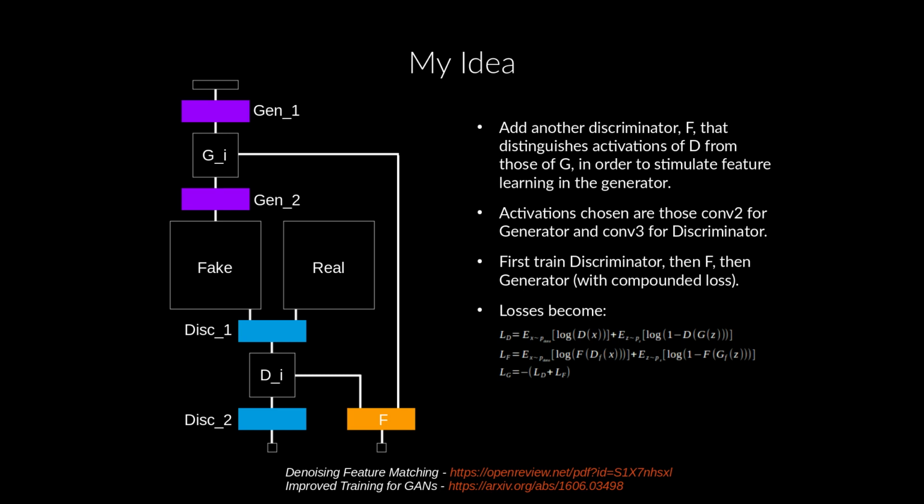Another idea, the one that I had, is to stimulate the generator to perform class differentiation early on in its layers by forcing the distribution of its activations in an early layer to resemble the distributions of the activations in the discriminator. I did this by training another classifier, called F, to differentiate between activations in the discriminator and activations in the generator. Then, I added the negative loss of F to the already existing loss of the generator.